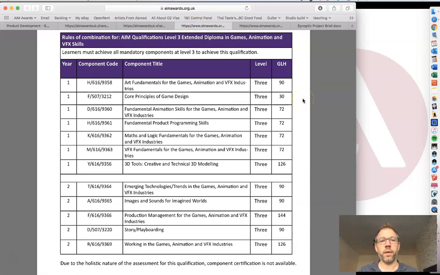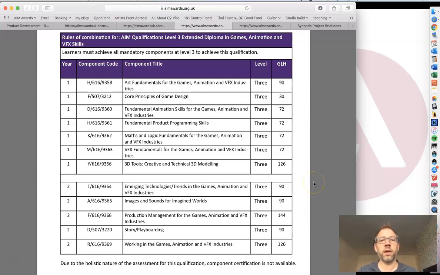So this table here from the qualification handbook shows the mandatory units, or components as we call them, that are part of the qualification. And it's worth noting the thing at the bottom which says, due to the holistic nature of the assessment for the qualification, component certification is not available.